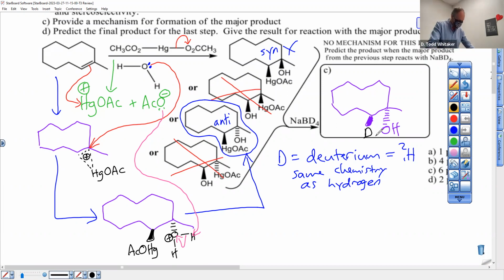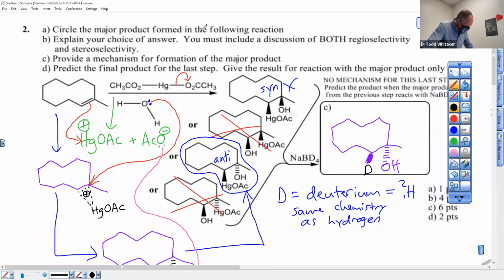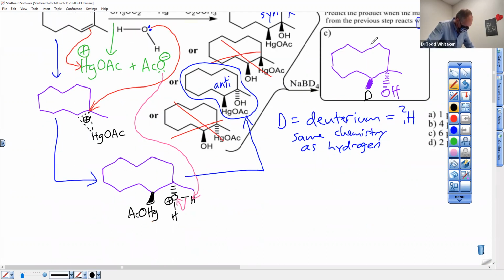Okay? And we're going to do some explaining. We did a circle, but we didn't explain our choice. We'll do explanations in green. Regioselectivity equals Markovnikov.